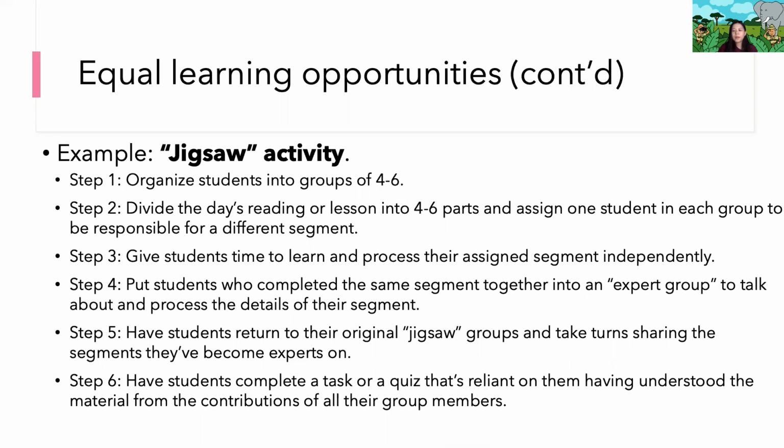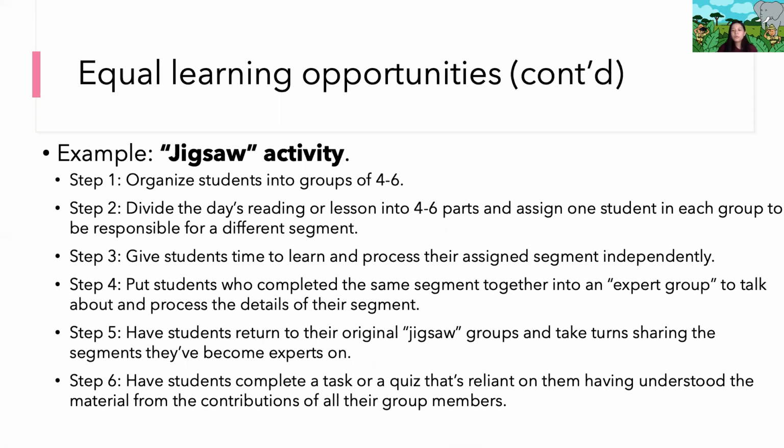Then the teacher divides the reading materials into 4 to 6 parts, depending on how many groups we have. And then the teacher will assign one student in each group to be responsible for a different segment. The teacher will give students time to learn and process their assigned segment independently.